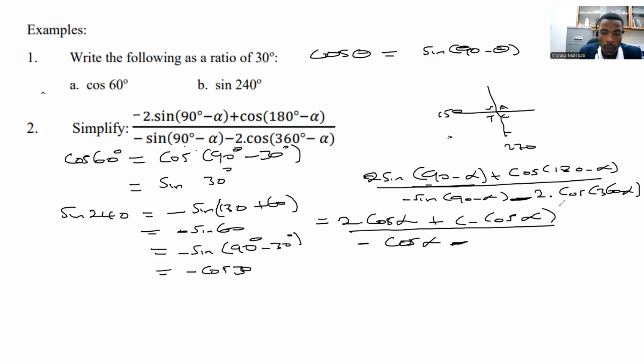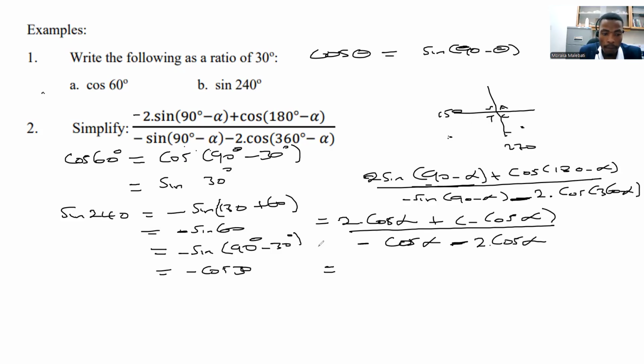What do we know? This one is exactly like 2 cos alpha, because in the fourth quadrant, 360 minus alpha, cos is positive, so we leave it as is.